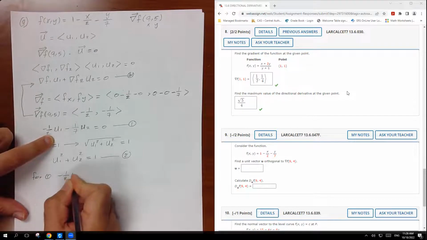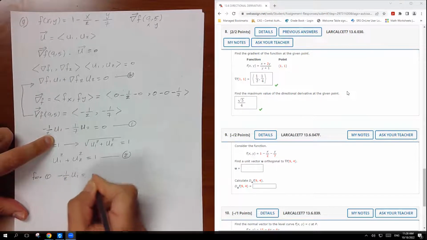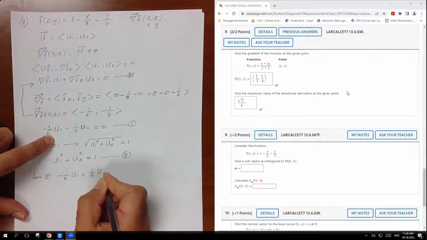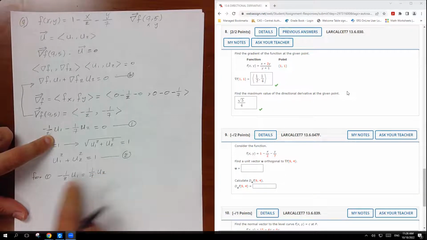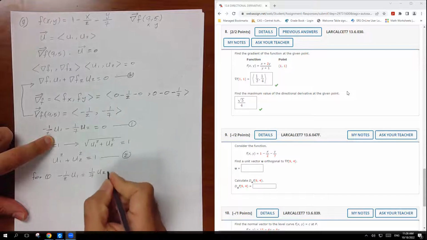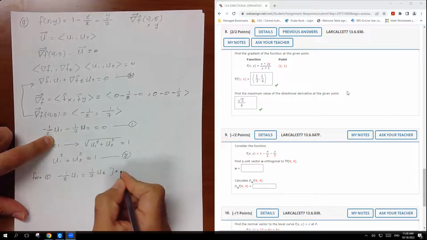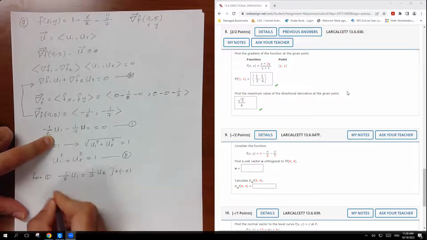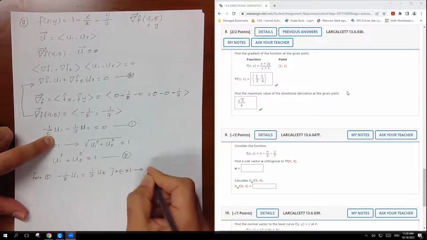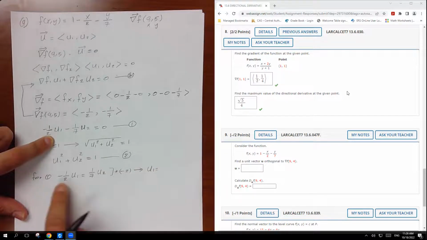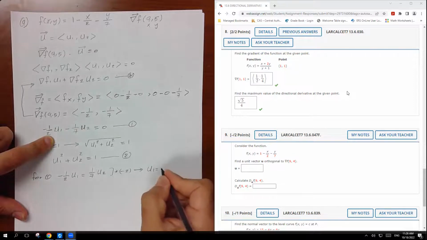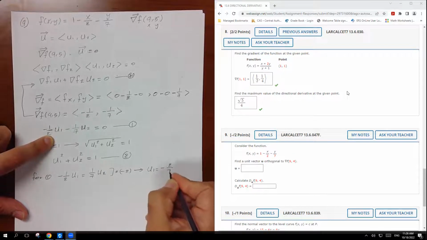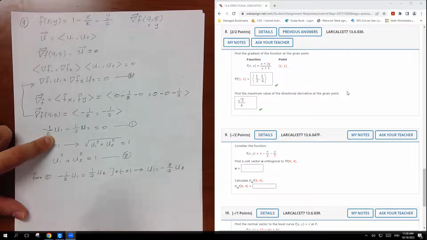Negative 1 over 2 u1 equals 1 over 7 u2. Then multiply by negative 2, so u1 is going to be equal to negative 2 over 7 u2.